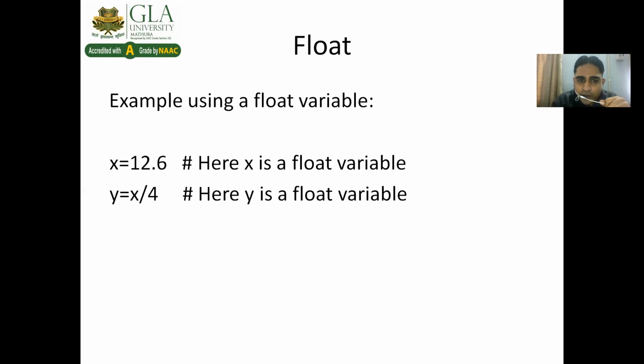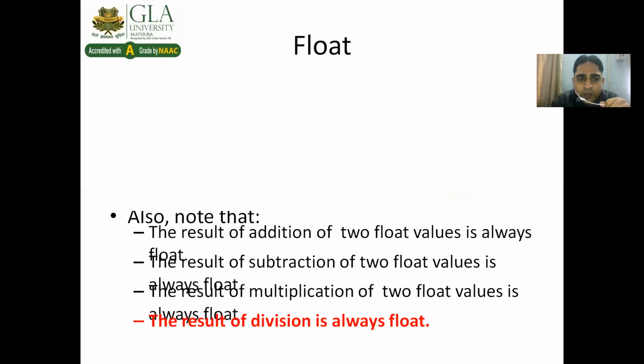And y equal to x / 4 is also going to give me a float value, because when I'm using a single slash, it gives me the value until the remainder becomes 0, so it comes out to be float. Then if I'm printing the value of y, it would be printing 3.15. So you can see that I've not specified the data type of x and y, but x and y both are having float values, right?